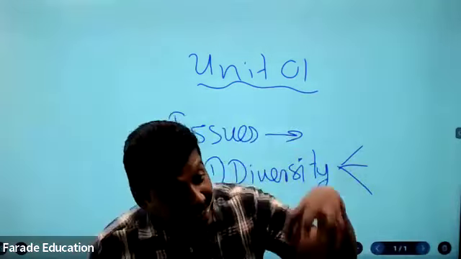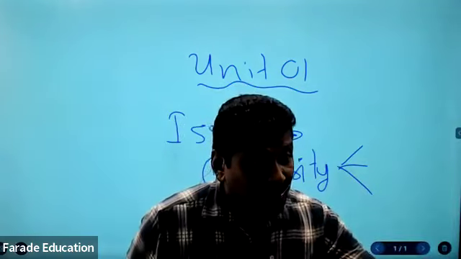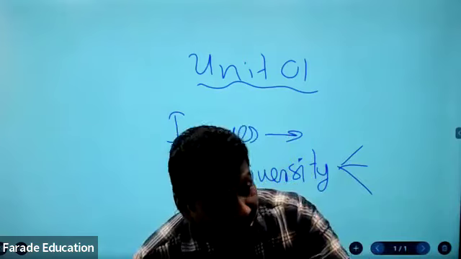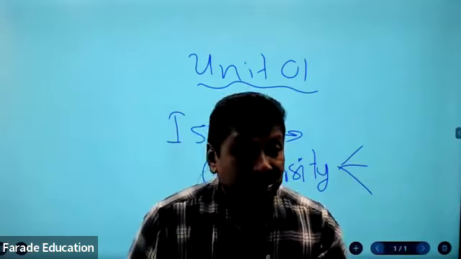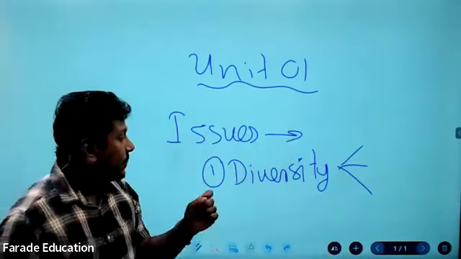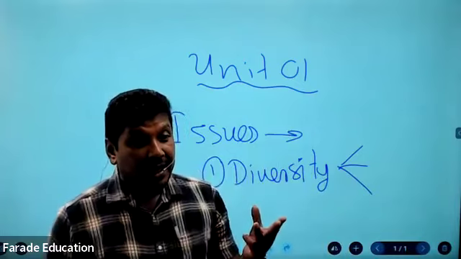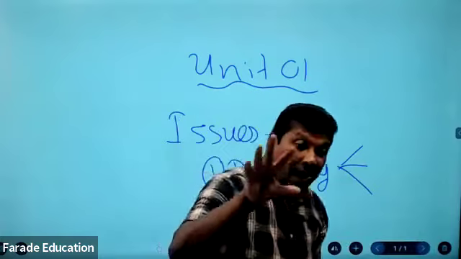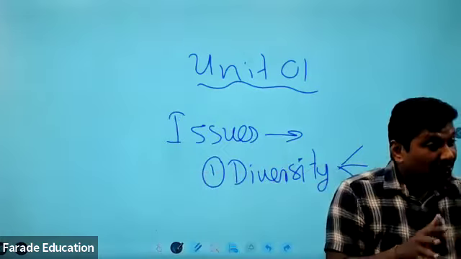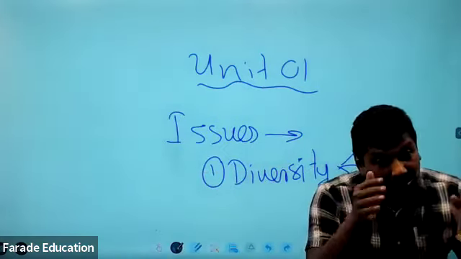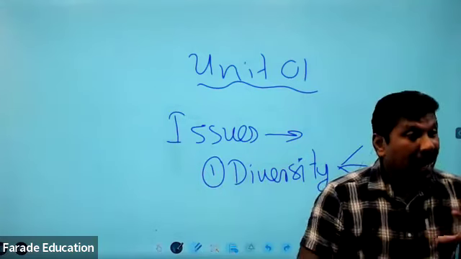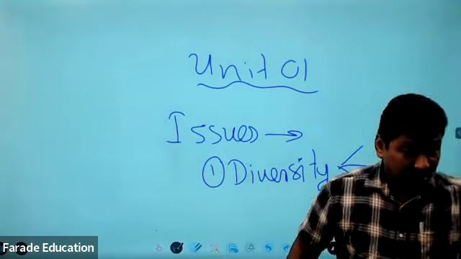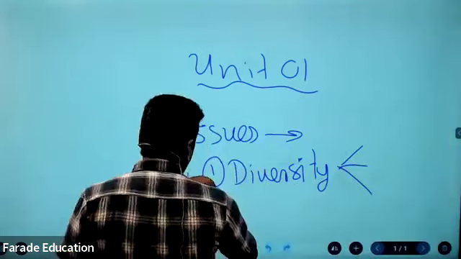And within the same species also, the individuals have differences. That is called genetic diversity. And the third one is ecosystem diversity, which means in the world you have different types of ecosystems. The organisms living in those ecosystems have a variety. So that is called ecosystem diversity.